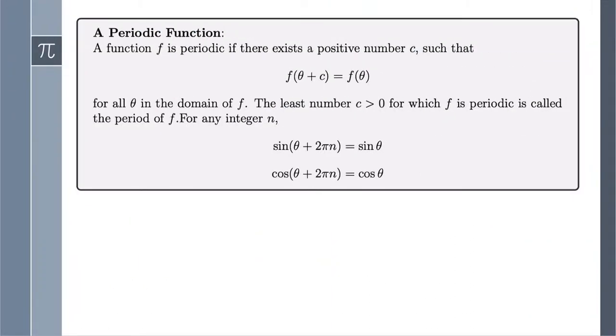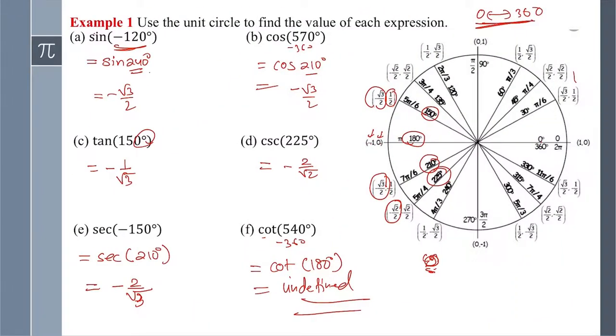Now, there's a function called a periodic function. A periodic function is a function whose value repeats after a certain period. So for example, if I take 30 degrees, sine of 30 degrees is 1/2. Now if I go one full round and come back here, this is 390 degrees, right? So 360 plus 30.